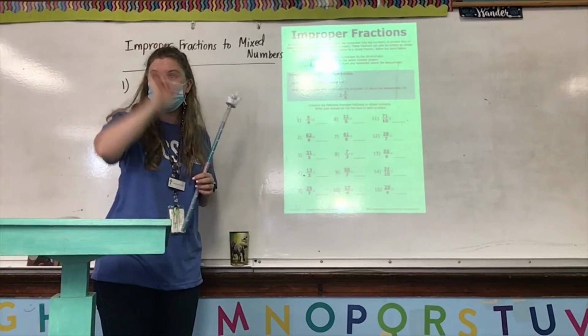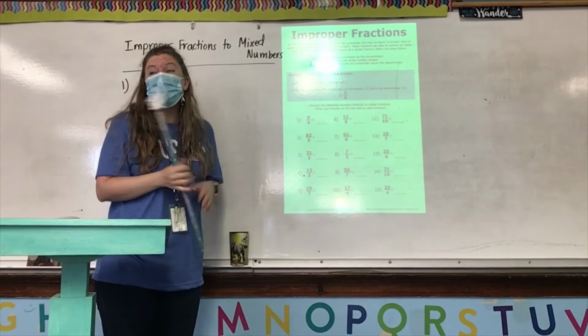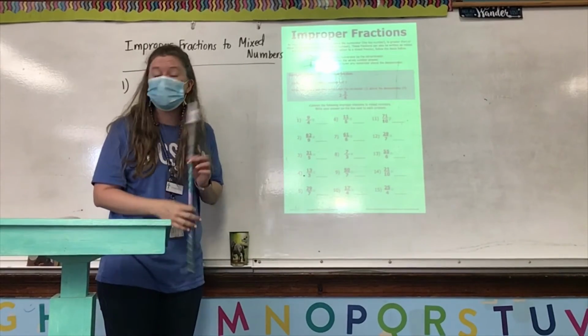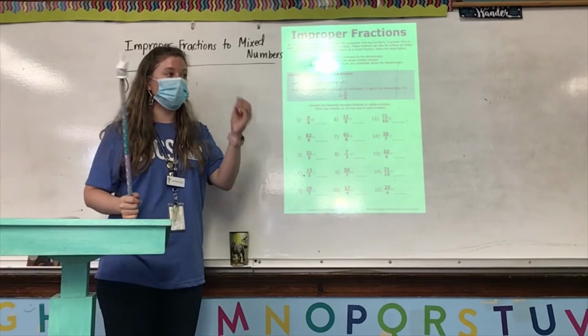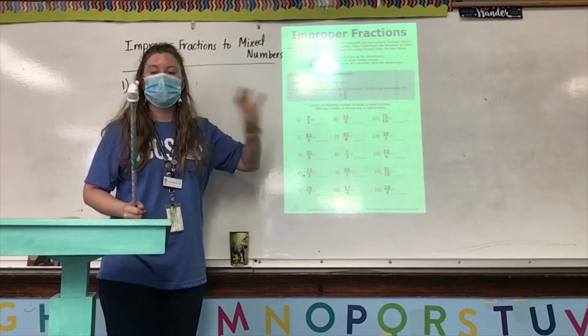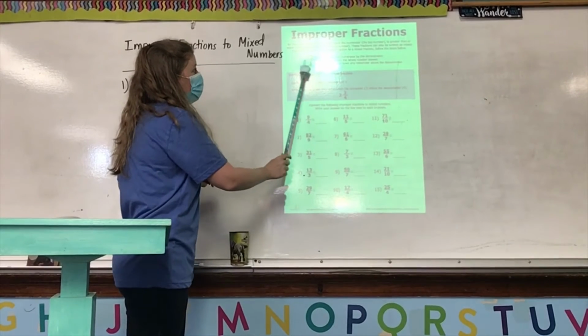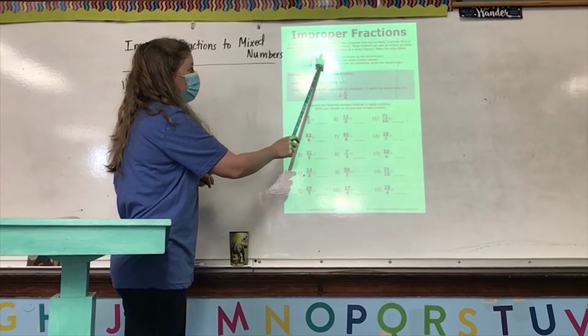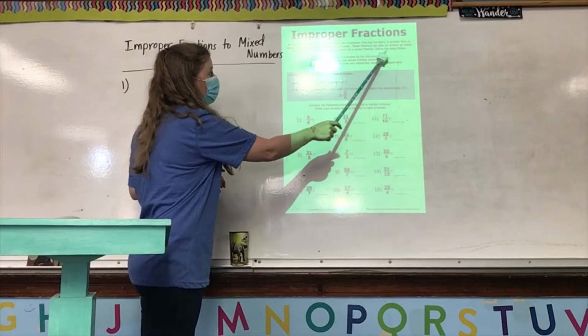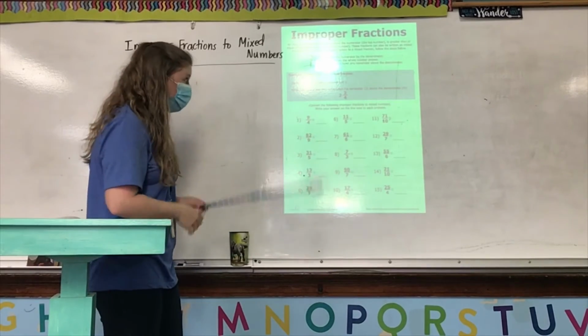So 5/5, which is equivalent to 1 whole, would also technically be an improper fraction. The only time a fraction is proper is when the numerator is less than the denominator. These fractions can also be written as mixed numbers. To convert an improper fraction to a mixed number, follow the steps below.